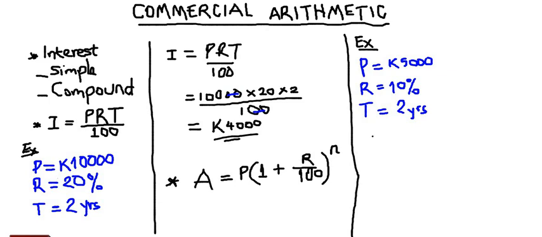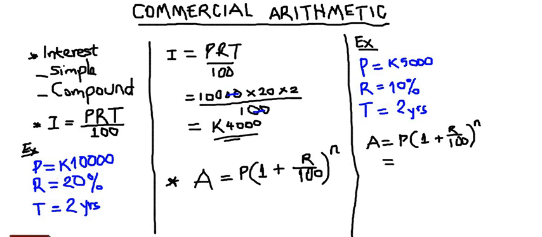So we are going to declare the statement and say the amount to be paid back will be the principal times 1 plus the interest rate over 100 to the power of the period.